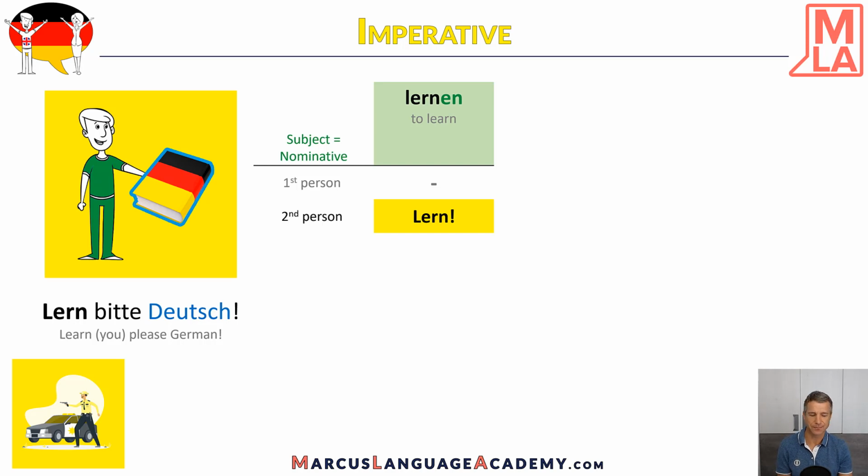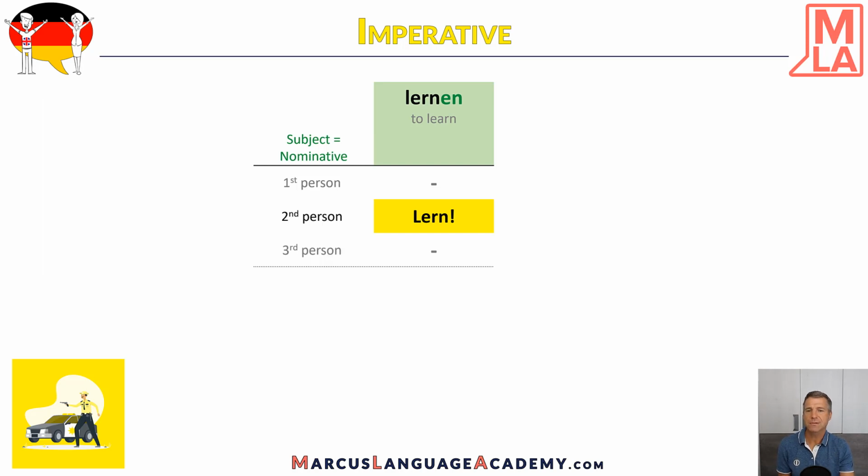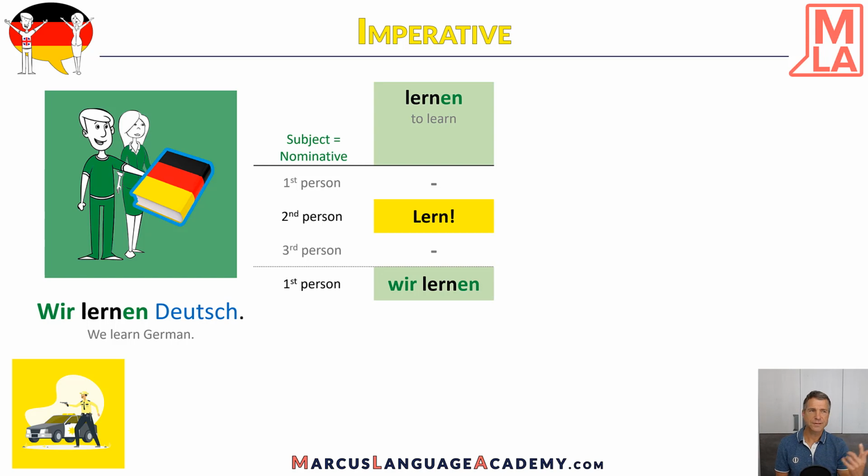Sounds much nicer. In third person there's also no imperative, because normally imperative is a direct speech to somebody, so there's no third person. And in plural, for wir, I could say, because I include another person, in present tense it would be wir lernen Deutsch, and in imperative something really interesting happens.